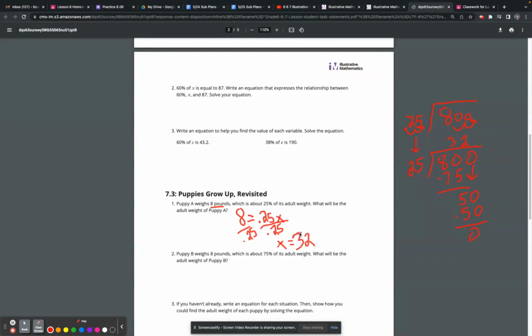Okay. Another way that you could have looked at this too is turning this into a fraction. So what that would look like, I'll do it up over here. 8 equals 25% as a fraction would be 25 over 100, and then multiplied by its adult weight, which we're looking for, x.